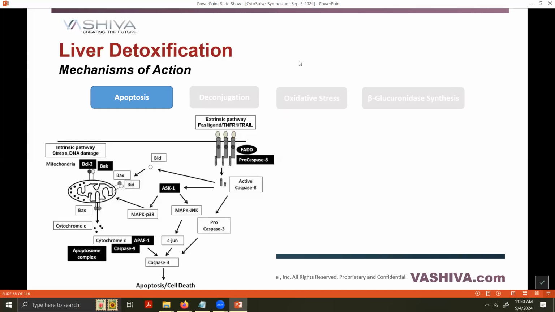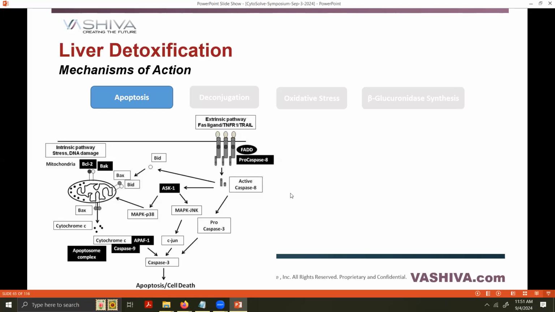If you follow it backward on the left side, you find APAF1 is a result of intrinsic damage and stress, DNA damage up on top, and that is what leads to cell death there. Then you have 2 other mechanisms. Bottom line, there are 3 ways that cell death can take place, but that's one area involved in liver detoxification, cell death. Prabhakar, do you want to take people through the other 3?